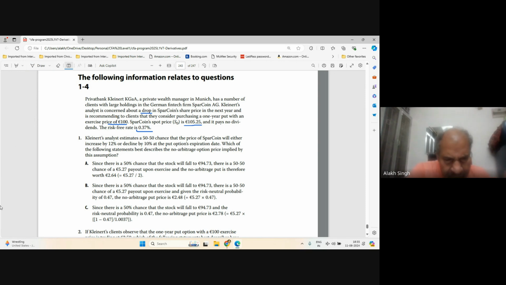It's 0.47, believe it. Let's go to option C, because it will not be 0.47 times 0, it will be 0.47 times 0 plus 1 minus 0.47, which is 0.53, times 5.27, divided by the risk-free factor. C should be the correct answer.